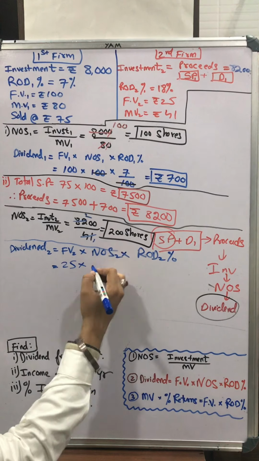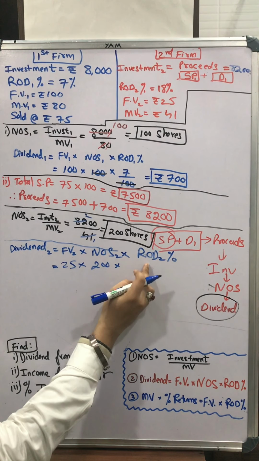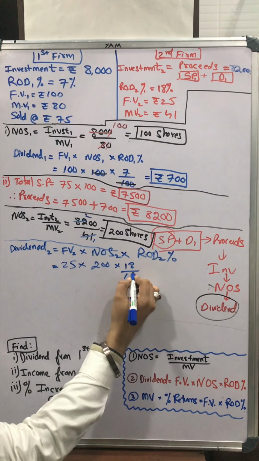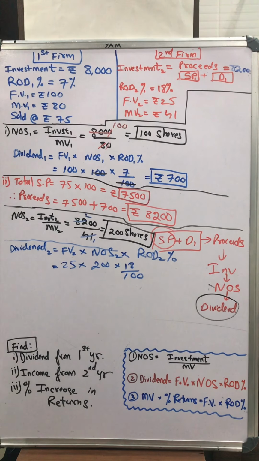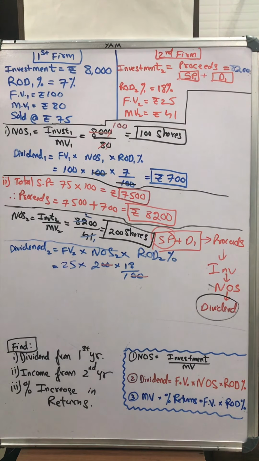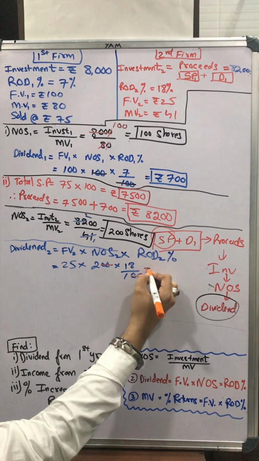Number of shares 200. Rate of dividend of the second firm is given as 18%, so 18 upon 100. Now we'll be doing the cancellation over here. Can I say these two zeros go off? 25 twos are 50.